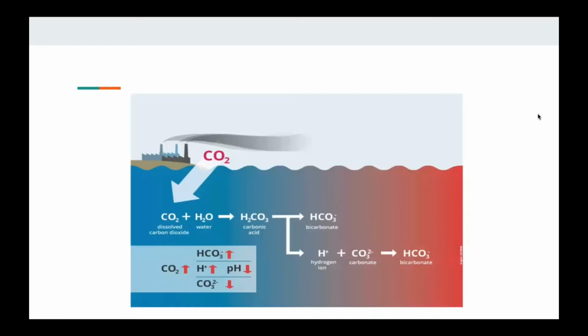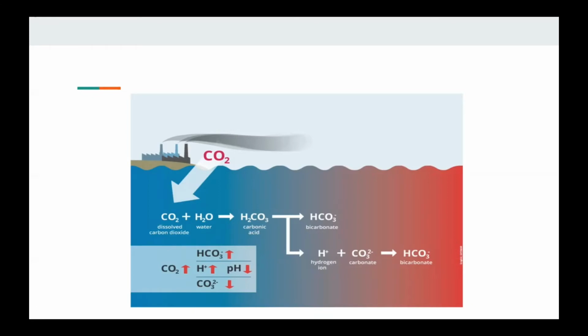So here's a picture of the process of ocean acidification. As you can see, there's a factory on top of some land, and the factory pollutes CO2, as shown. The CO2 is then absorbed by the ocean, about 30% of it, and the CO2 mixed with the water makes carbonic acid.